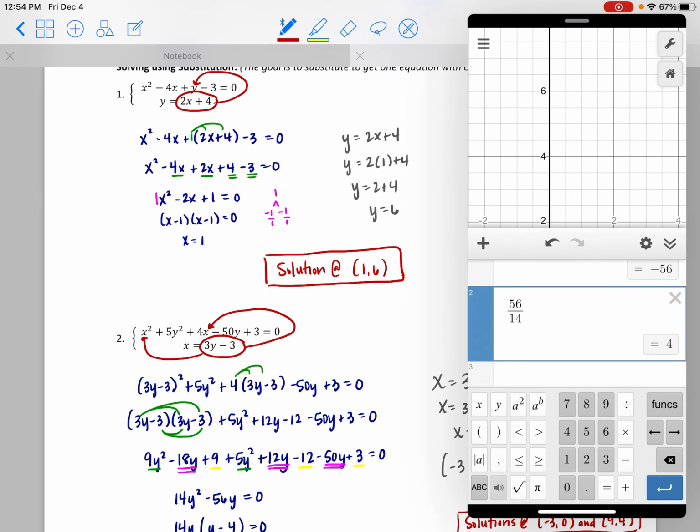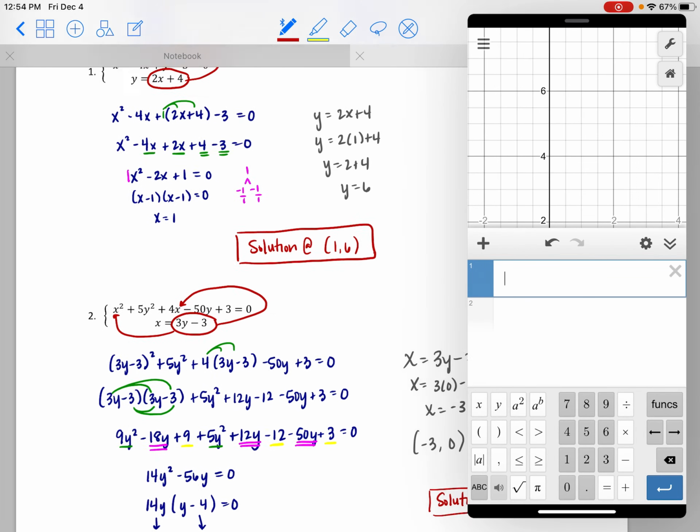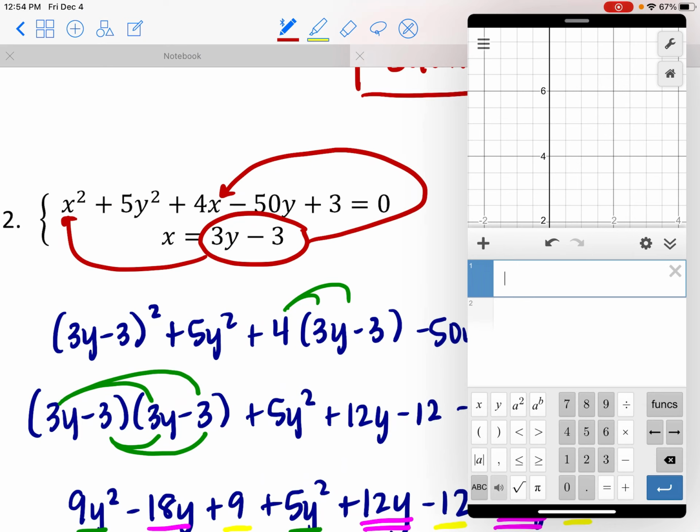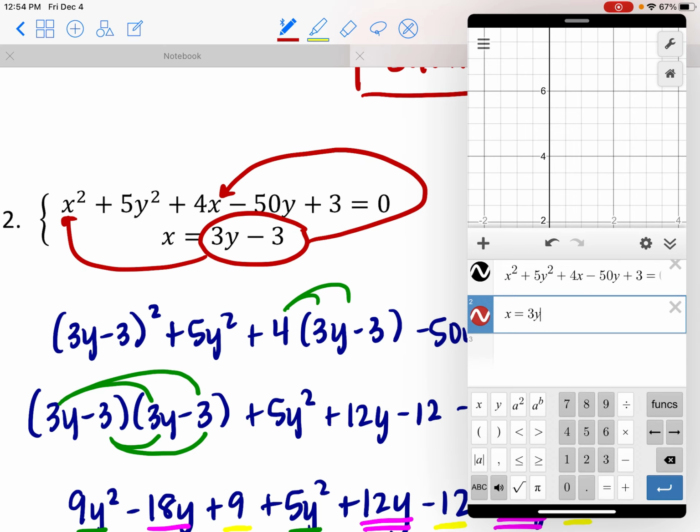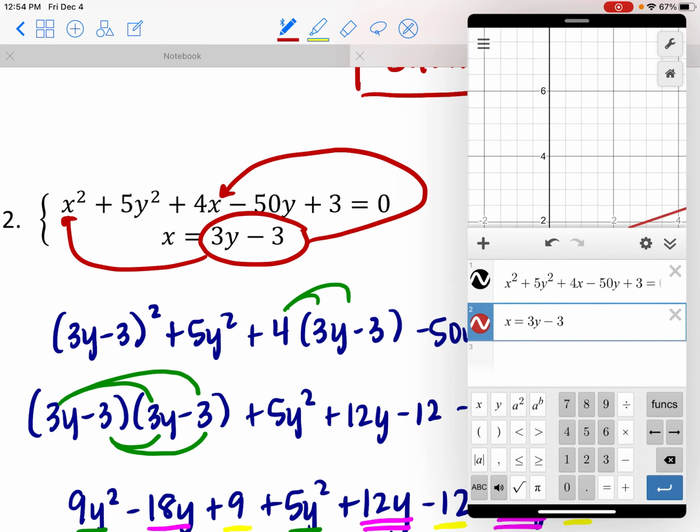So let's just verify, because we can. All right, let's see. x squared plus 5y squared plus 4x minus 50y plus 3 equals 0, and then x equals 3y minus 3.